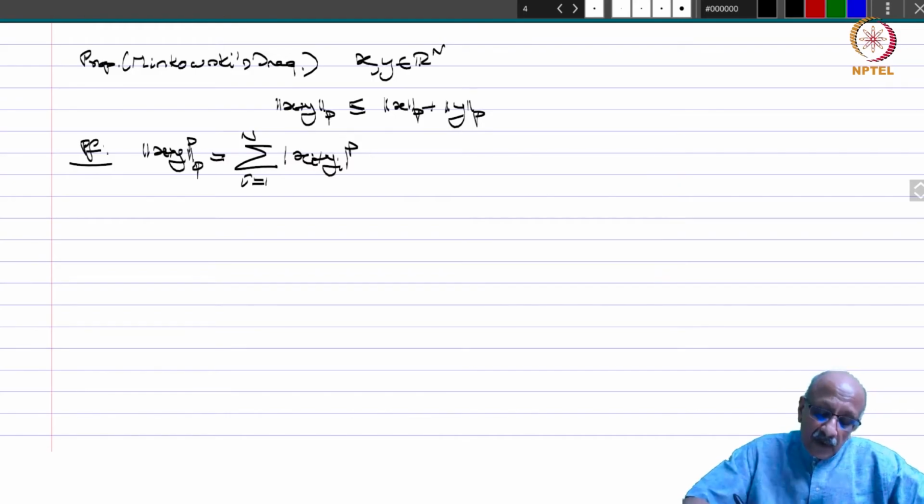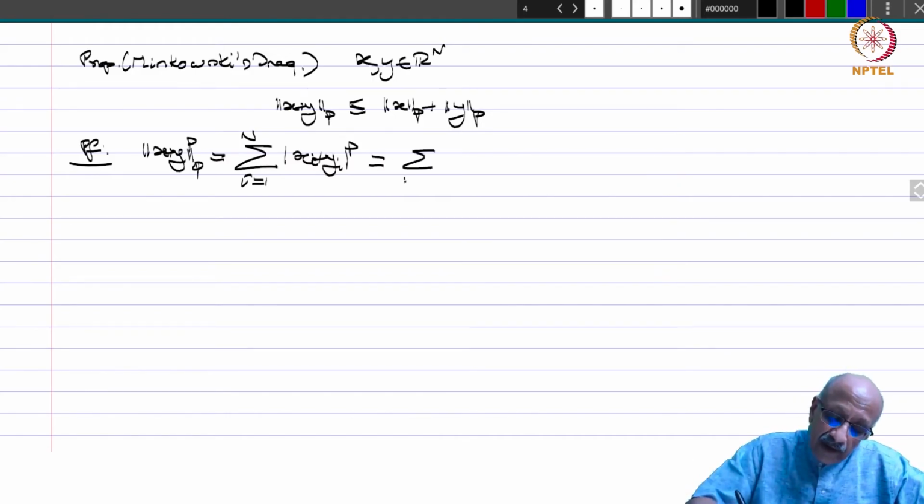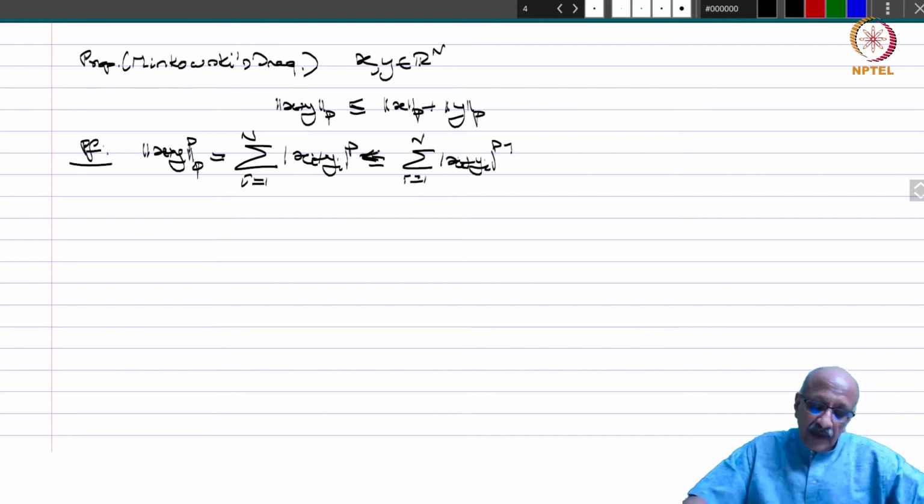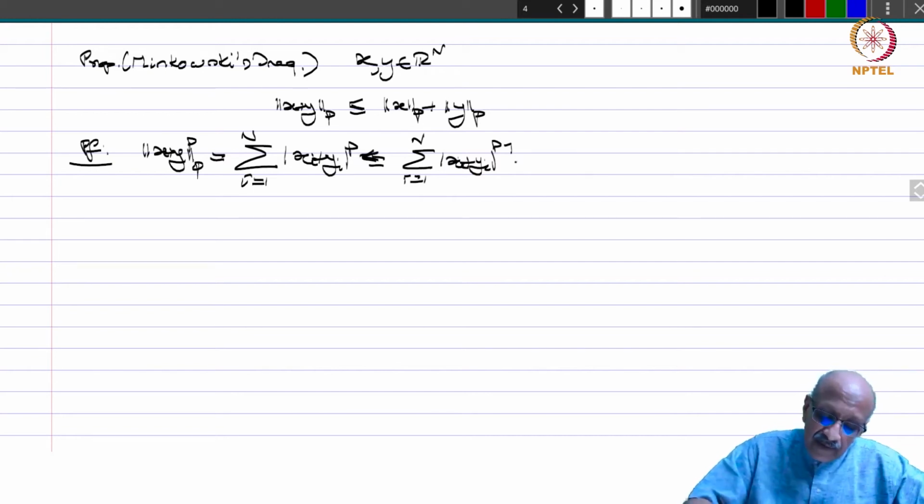And this I am going to break up as sigma i equals 1 to n |xi plus yi|^(p minus 1) into |xi plus yi|, which is less than or equal to |xi| plus |yi|.